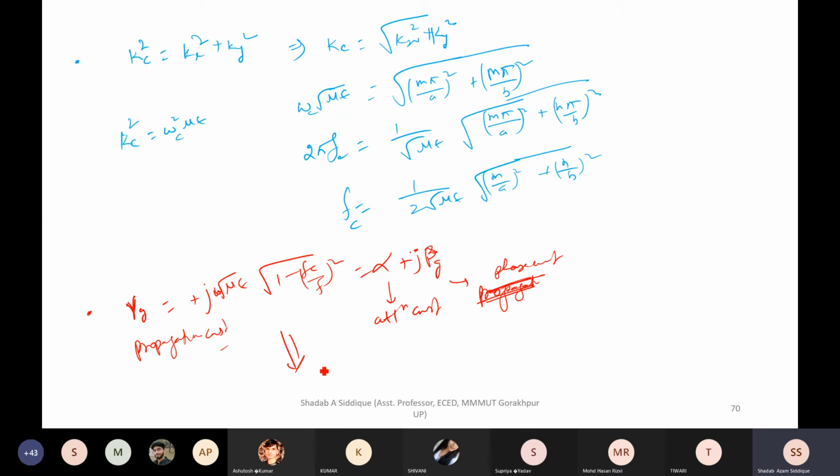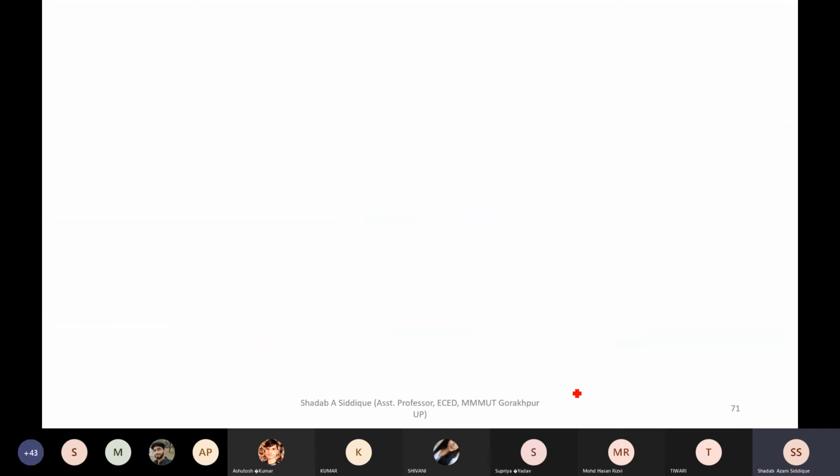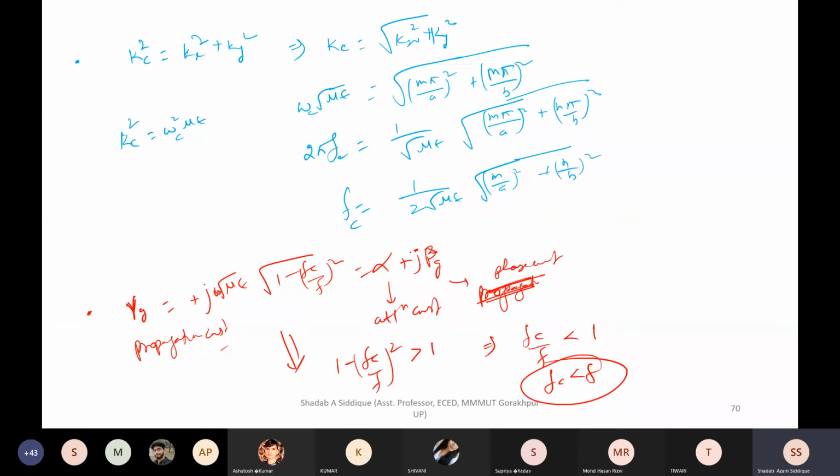So from this we conclude that 1 minus fc by f whole square should be greater than 0. So fc by f should be less than 1 and fc should be less than f. So cutoff frequency is always less than the impressed frequency.